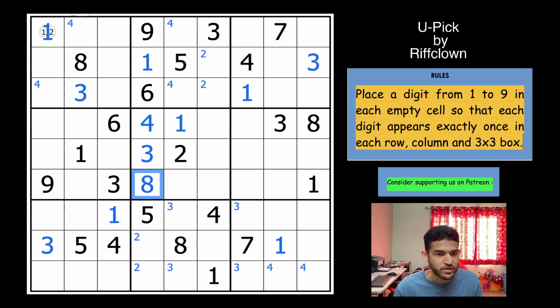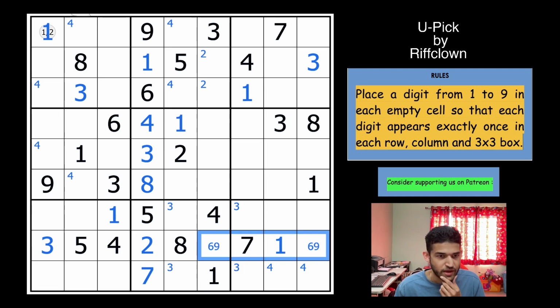And now we can mark 4s again. 4s go here. And this column can be completed. This becomes a 2-7 pair, which also becomes instantly resolved because of this 7. So that's a 2 and that's a 7. Okay, and now row 8 can be completed with pairs 6, 9.